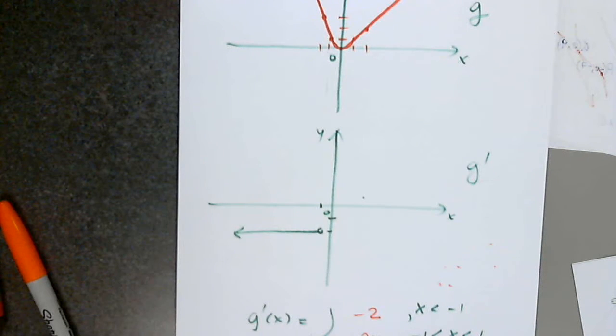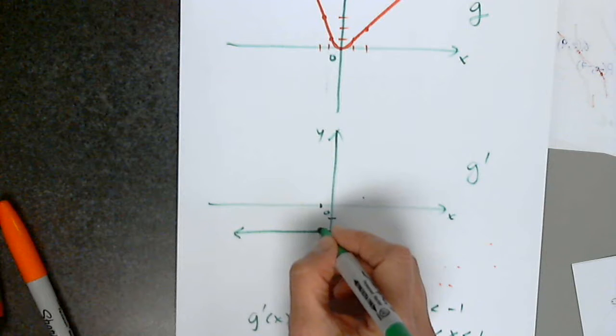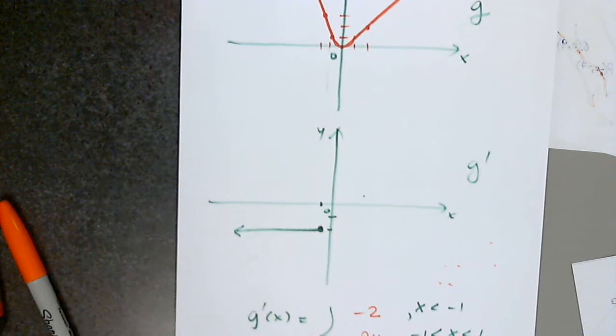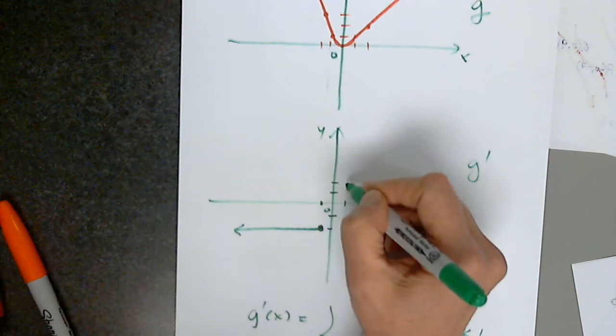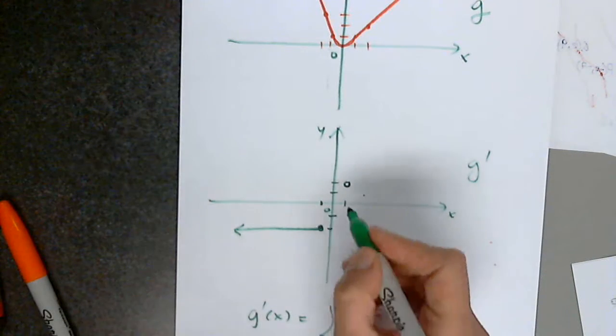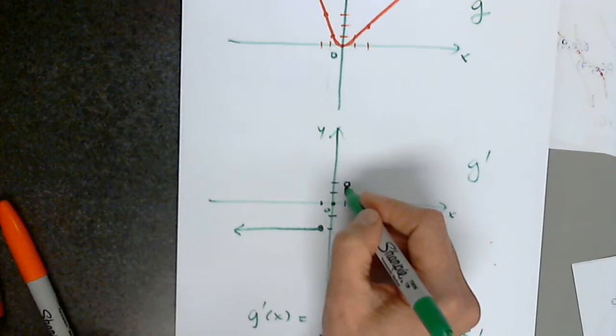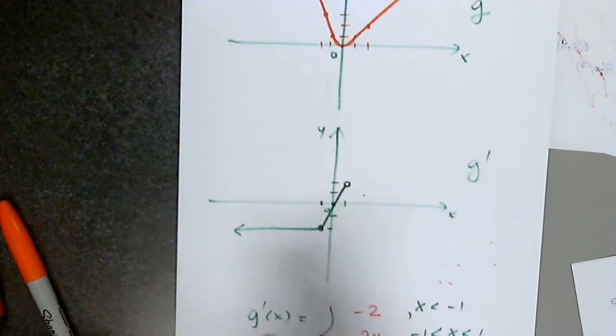Now, at -1 it is -2. So I'm ready to fill it in. I have to graph 2x, which is a straight line, between -1 and 1. So at 1, the function is 2, with an open point. At 0 it is 0, that's another point, and here's our graph. Here's our derivative.